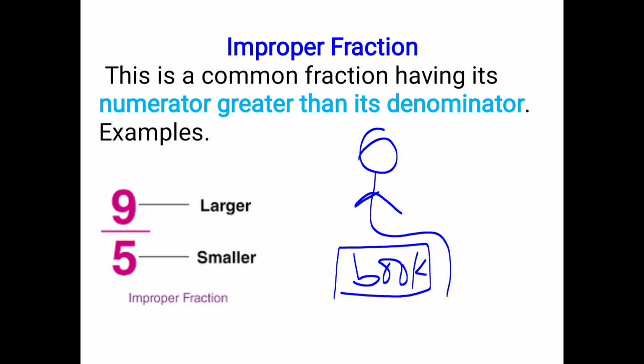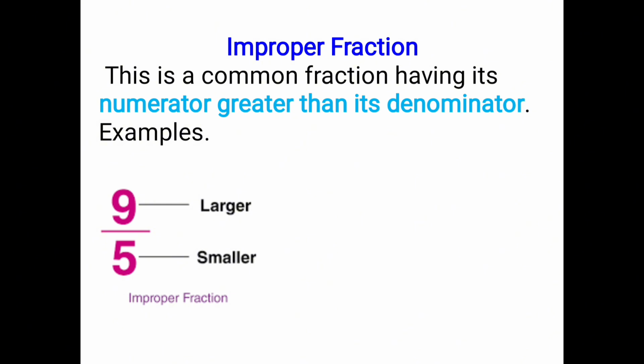Good. So in this case, we refer this situation to be improper, right? So when you have a smaller number as a denominator and your bigger number as numerator, we refer to it as improper fraction, the opposite of proper fraction. Do you get that? Good.